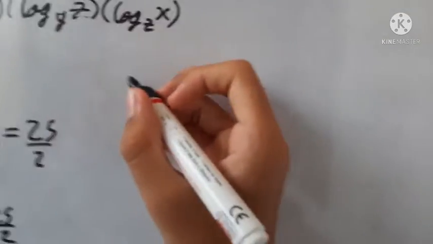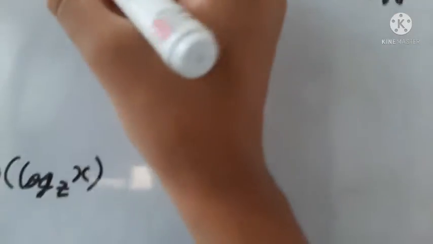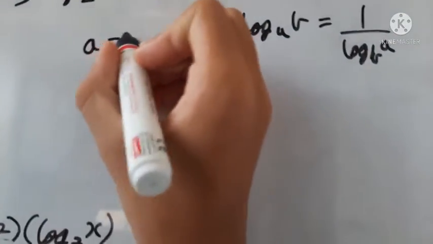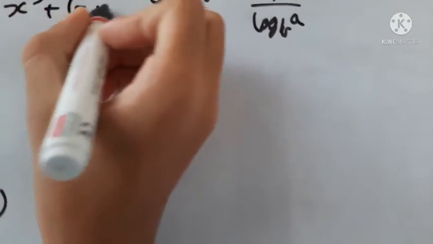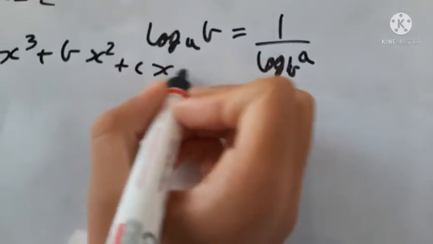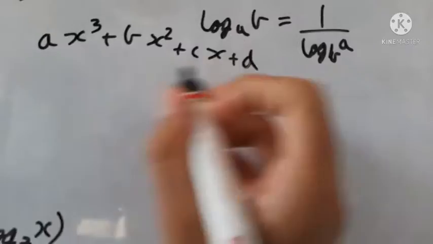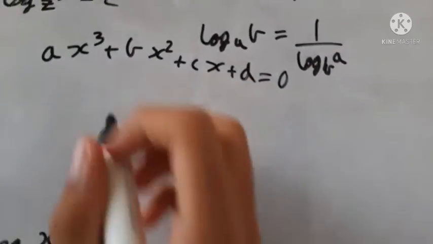So for a cubic, say this is an example, absolutely unrelated: ax cubed plus bx squared plus cx plus d equal to 0.